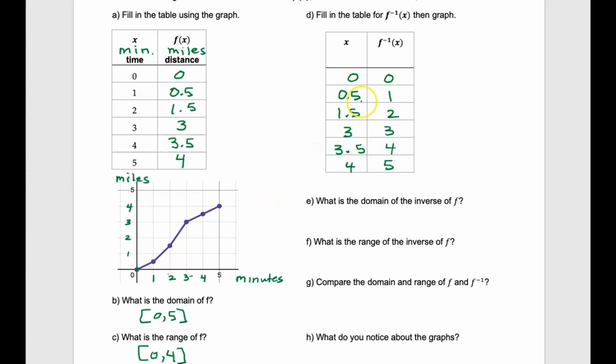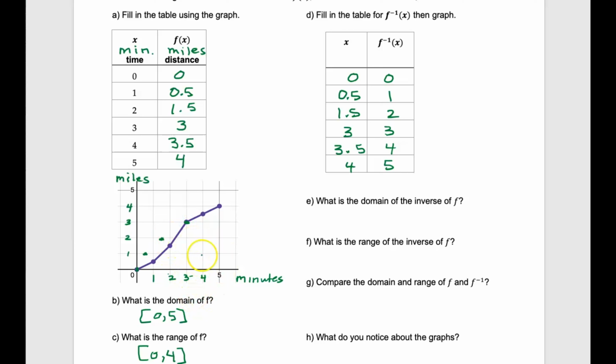Okay, so now let's graph those points on this grid, and let's see what the look of this graph is. So we've got 0, 0, over 0.5 up 1, so it's about there, over 1.5 up 2, it's going to be about there, 3, 3, that's going to be the same point.